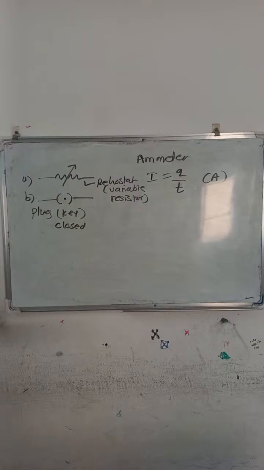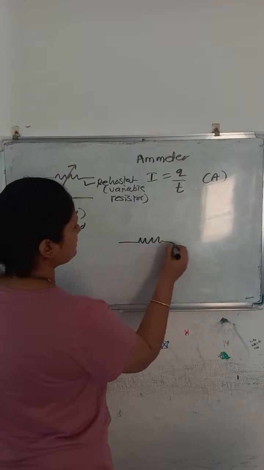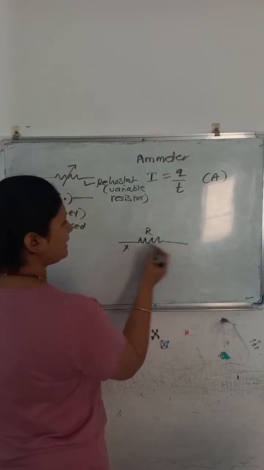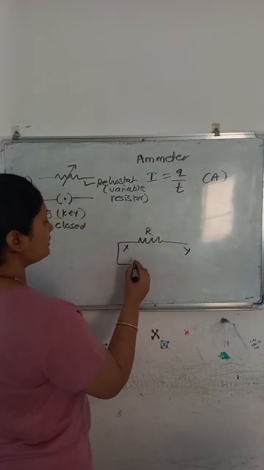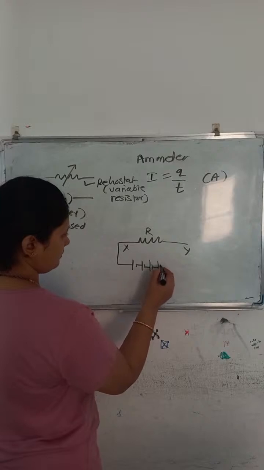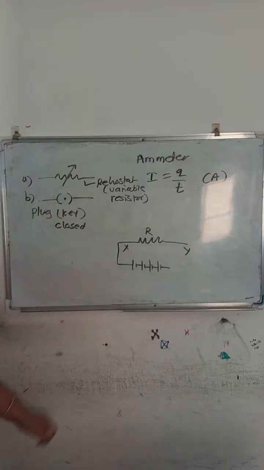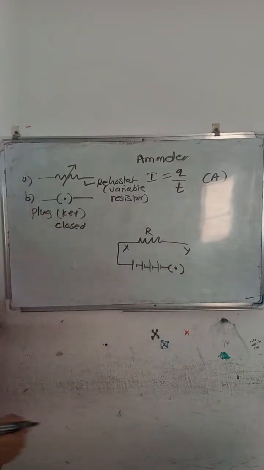They are asking to use a wire XY, and in that wire we have a resistance, this R, this is X and Y. They are asking us to use 4 cells, 1, 2. So these are the cells or batteries we are using. Then they are asking us to use the plug key, and then a voltmeter and ammeter are also there.